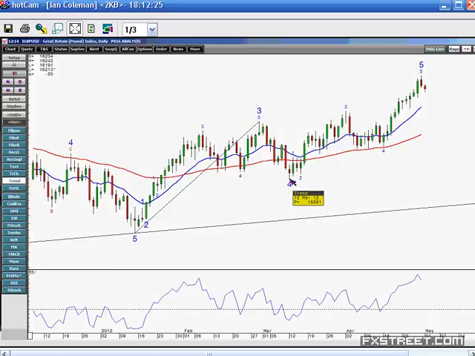Okay, we then take the move from what we think could be C to D, okay, and see whether or not this lines up with our 758 tick count.